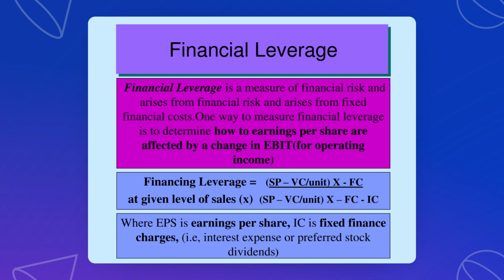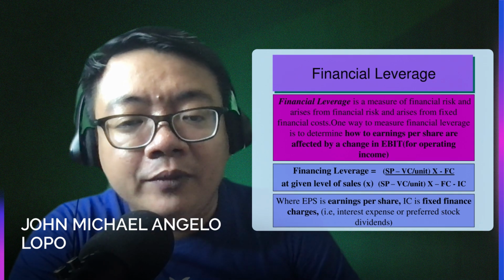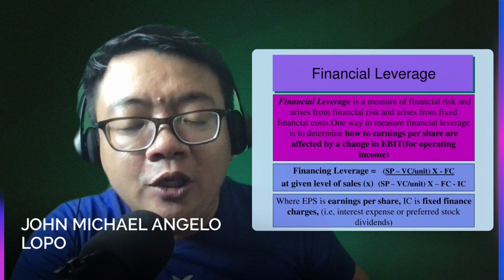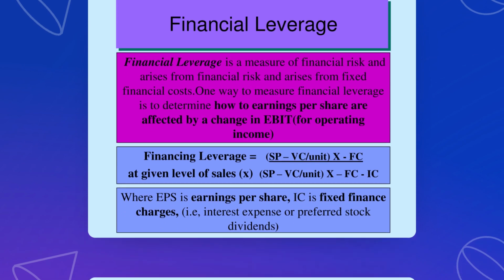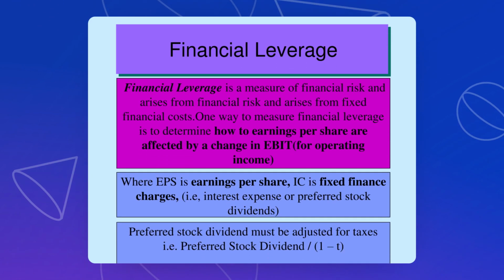What do we mean by IC or interest charge? When you say interest charge, that would be the interest expense and or preferred dividends. How do we compute for that?